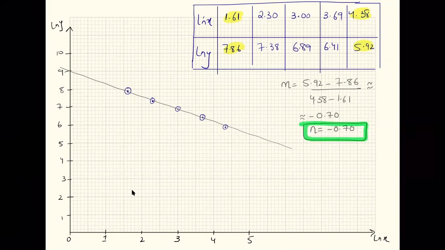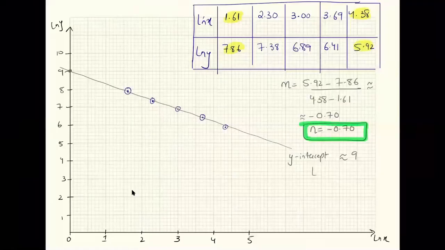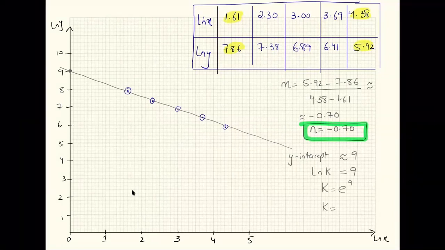And for the y-intercept, what can I do? The y-intercept is roughly equal to 9, and when I linearize this, the y-intercept was equal to ln k. So ln k is equal to 9, then k is going to be equal to e to the power of 9, which is 8103.1.